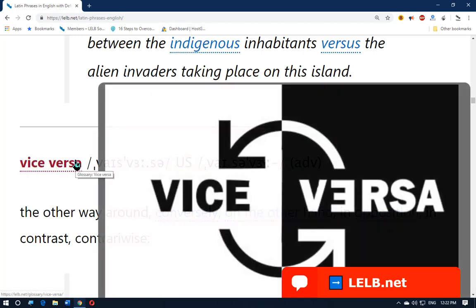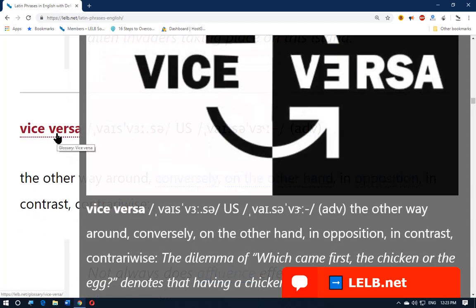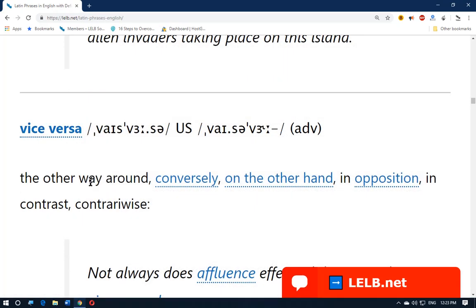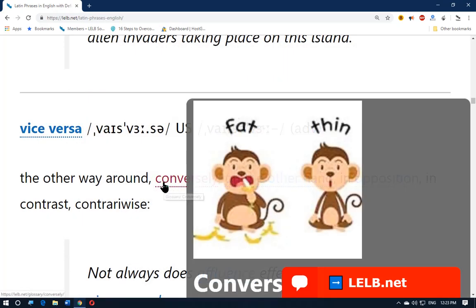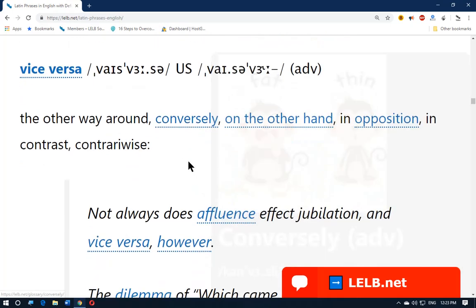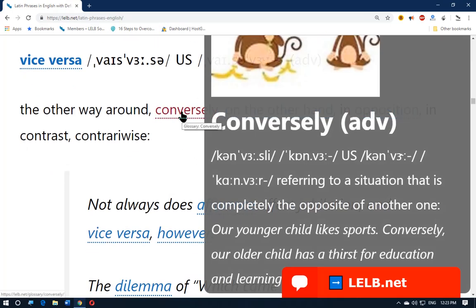Vice versa. Vice versa means the other way around. Conversely means actually referring to a situation that is completely the opposite of another one.